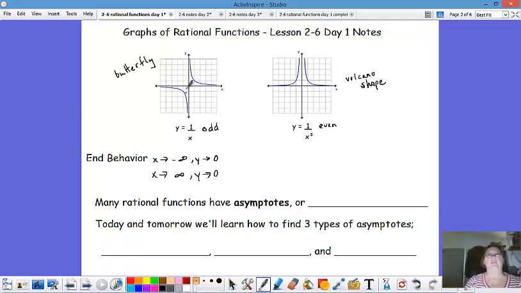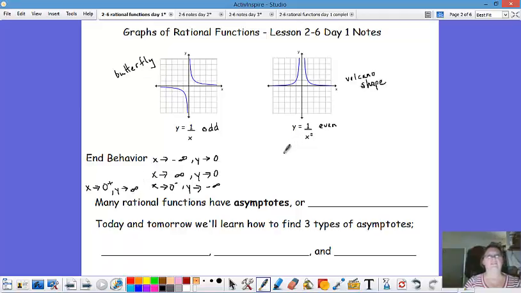Now you can talk about behaviors as x approaches 0, and then it'll probably look a little bit more familiar to you. So as x approaches 0 from the left-hand side, or from the negative side, y goes to negative infinity. And finally, as x approaches 0 from the positive side, y approaches infinity.